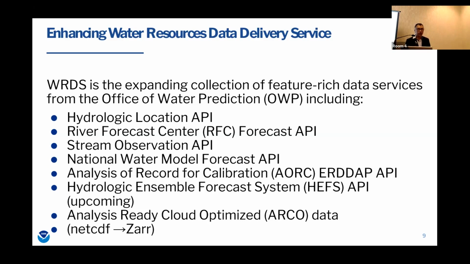We just finished chunking the data sets, and we're in the process of making that data available through our NOAA Open Data Program node. Another piece of work is the Hydrologic Ensemble Forecast Service API, which is in progress as we're building it, and that API is also going to be available through our National Water Prediction Service as well. So definitely please look out for that.